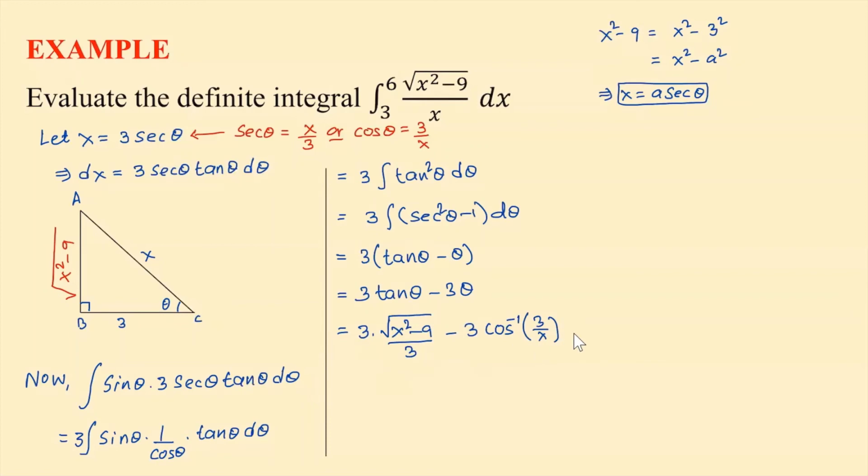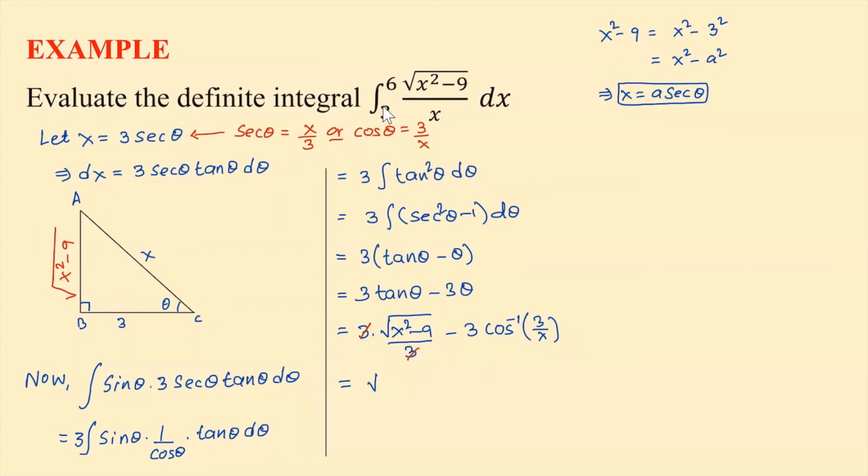Now we have the answer in terms of x, but this is a definite integral, so we have to evaluate between the proper limits. In the first term, we have 3 in the numerator and 3 in the denominator, so we can cancel that.